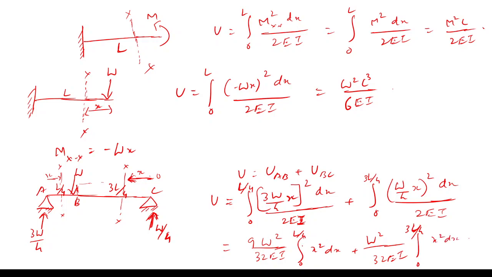When you integrate this, you will get U. I'm writing the final answer here: 3 by 512 W square L cube divided by EI.